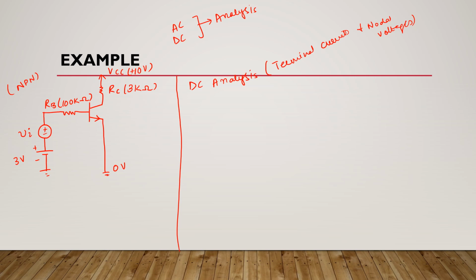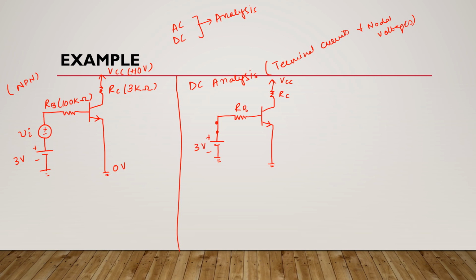So its equivalent DC circuit will look like this, because in DC analysis all AC sources are short circuited. Here we have RC, here we have VCC, here we have RB, and here we have the emitter. This is 3 volts.